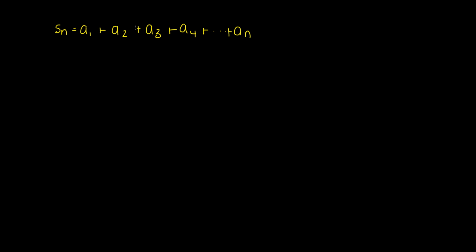Well, I know from previous examples that A2 is basically A1 R to the n minus 1, which is to the first power. A3 is going to be A1 R to the 3 minus 1, which is the second power. A4 is going to be A1 R to the third power.